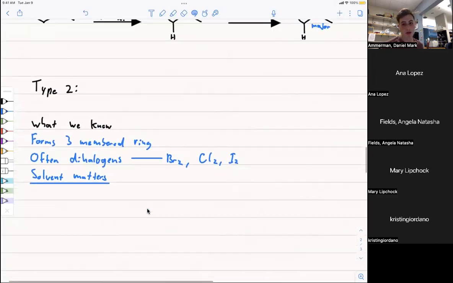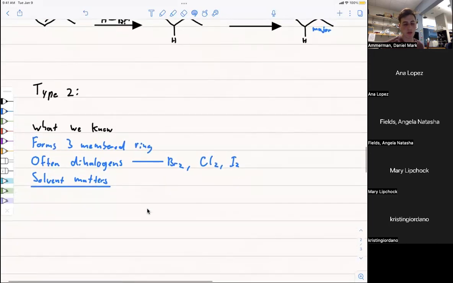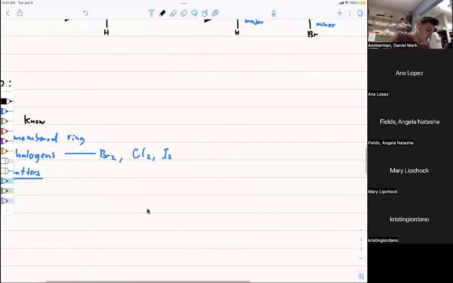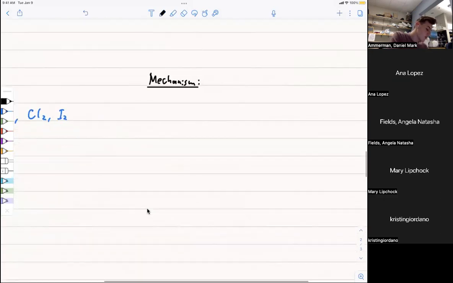Type 2, it really will, because there's a point where we have to identify which one of them is a better nucleophile to add onto our carbocation or add onto our structure. So in this one, I'll write our mechanism as well. The first one is that back and forth that you saw in class.